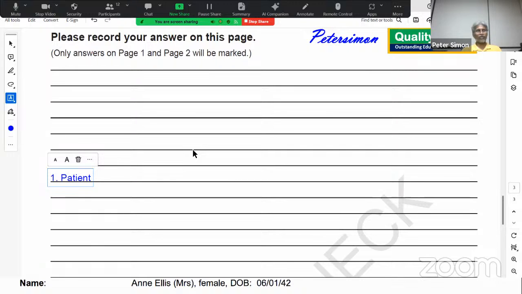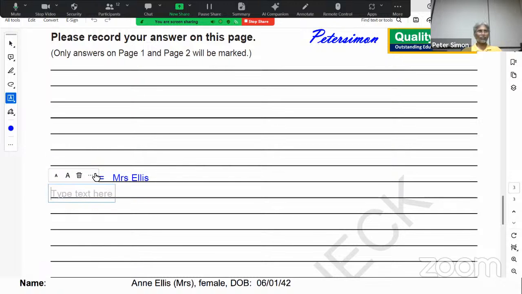Now, who is this patient? The patient's name is Mrs. Annie Ellis. But you need not write the full name. You just write Mrs. Ellis. The second name is enough.